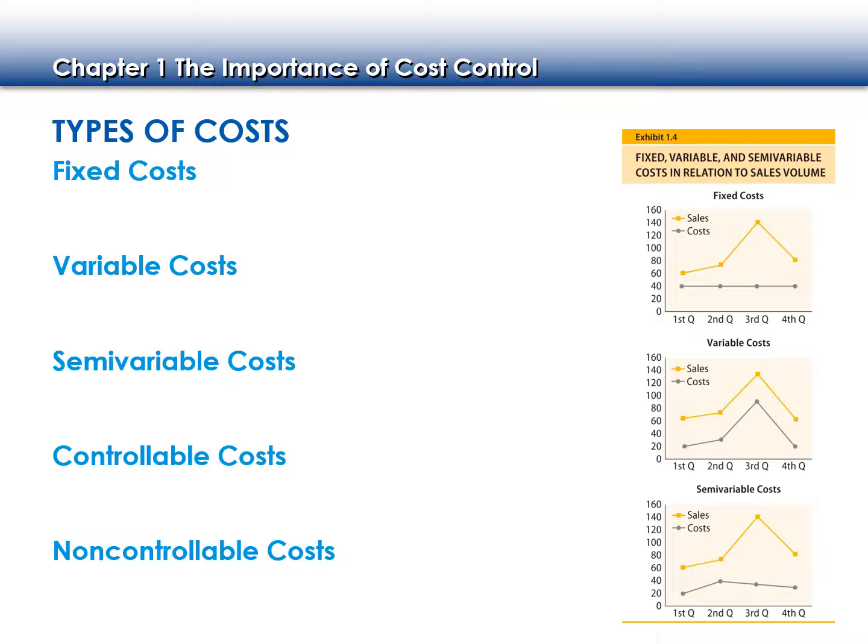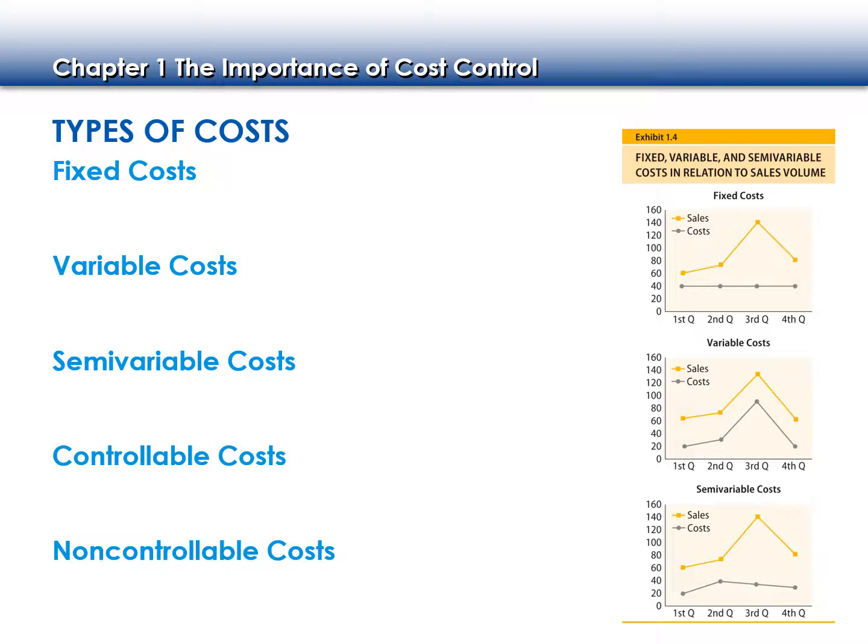That is an example of variable costs because as our sales go up, the busier we are, I hope you'll see that a little bit better, it costs us more money to operate at that level.